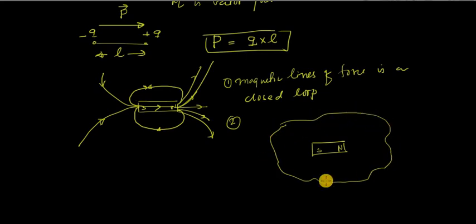That field is called the magnetic field, and you can say that the magnetic field is developed by this bar magnet.